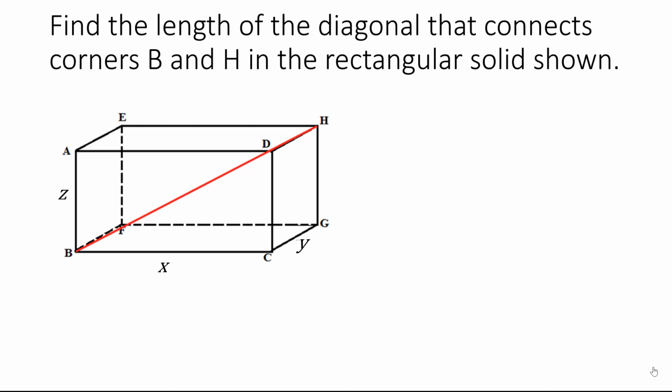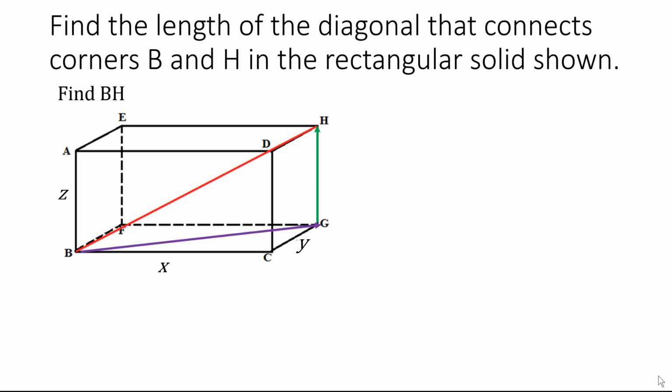So we're going to do that by using the Pythagorean theorem, but we have to deal with a couple of different triangles. So first of all, we're going to deal with the triangle that we can make on the base of this rectangular solid, BGC or BCG. So that's the triangle that's flat on the table, and it has legs X and Y and hypotenuse BG.